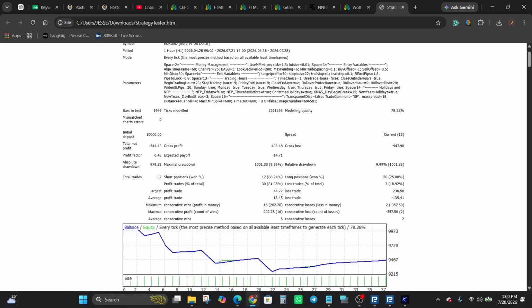So this is a great example of why win rate alone does not tell the full story. 81% of trades closing in profit sounds strong on its own, but when the handful of losing trades are this much larger than the frequent small wins, the account still ends up net negative.